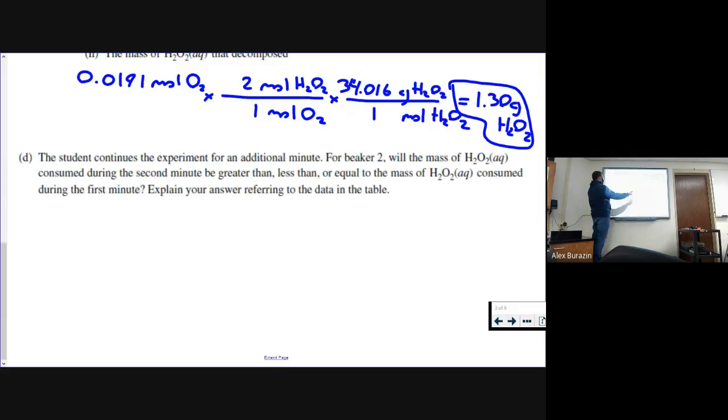Okay, so how do we want to phrase this? I suppose I could rephrase the whole sentence, but I'm going to be lazy. Less than. Why?